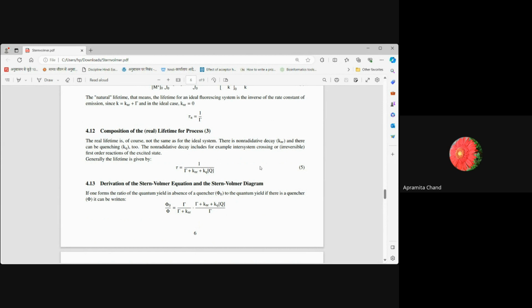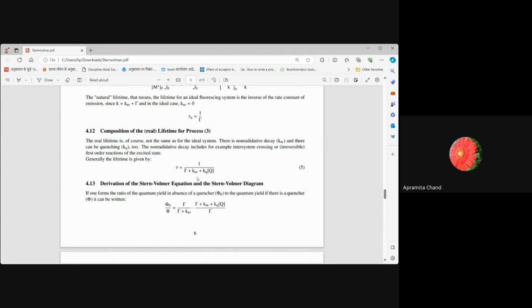Non-radiative decay can also include intersystem crossing. So tau can be given as 1 by all the rate constants: the rate constant of emission plus the rate constant of non-radiative decay plus the rate constant of quenching times the quencher concentration.